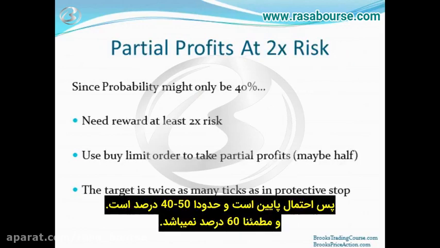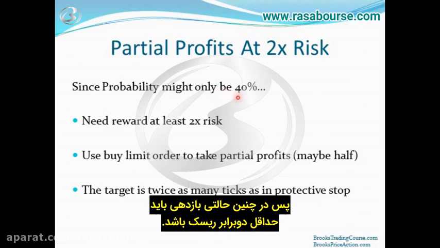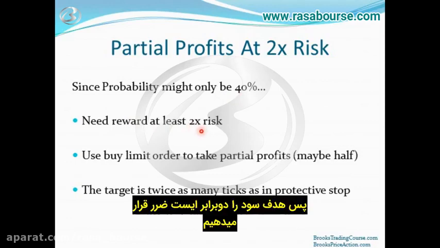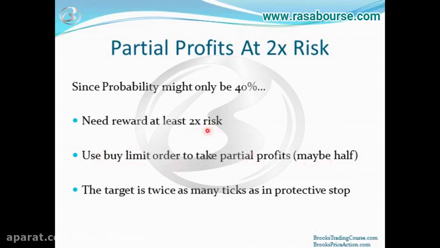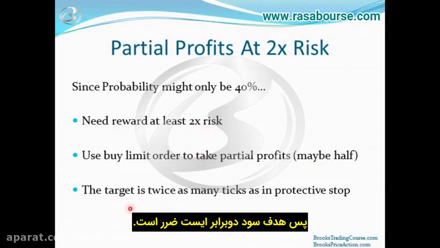Again, since the probability might be as low as 40%, it might be 50%, but it's certainly not 60%, you need a reward at least 2 times greater than the risk. You can go ahead and place a buy limit order to take partial profits, maybe half off, at 2 times the risk. So the target is twice as many ticks as in the protective stop.